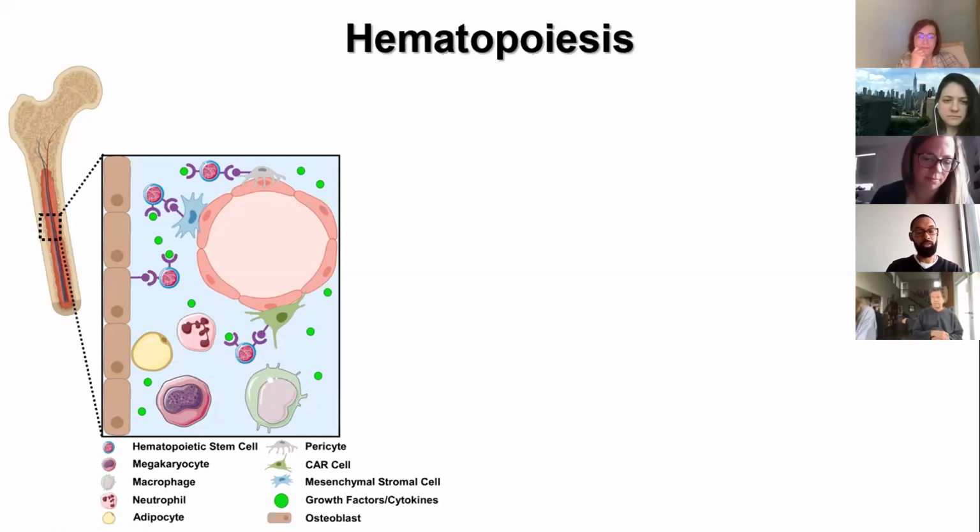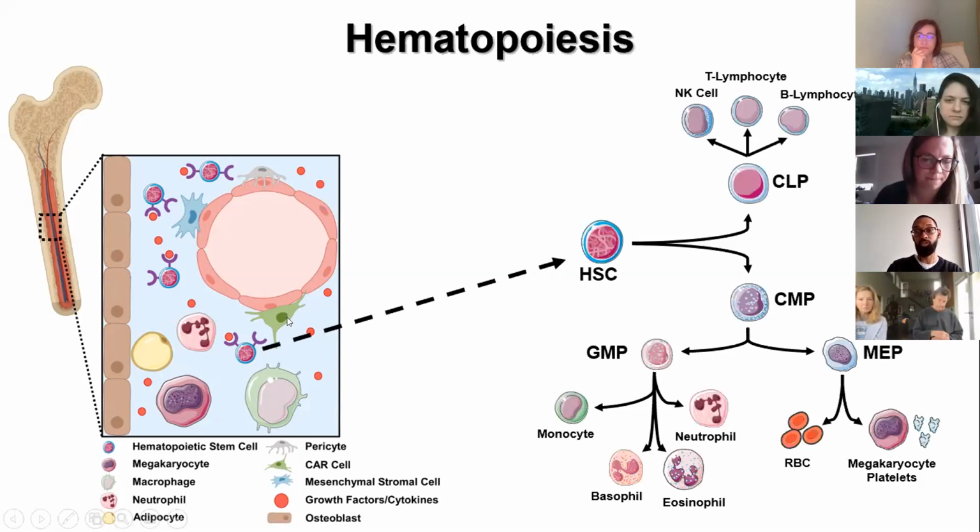But when there's a systemic cue, or a change in the growth factors and cytokine profile in the bone marrow, as well as a disruption of the interactions between the HSCs and the niche cells, this primes HSCs to egress and differentiate to the immune cells that we find in circulation, such as the lymphocytes and myeloid cells.